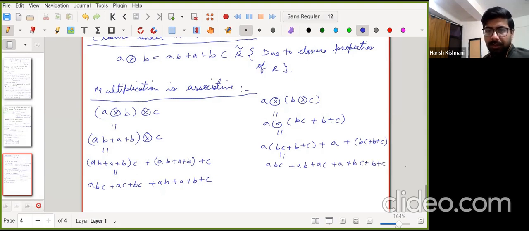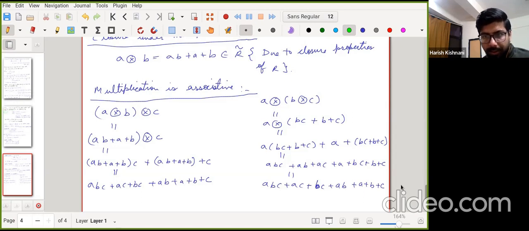And this is definitely commutative with respect to addition. So you can say that this is the same as ABC plus AC plus BC plus AB plus A plus B plus C, right? So both these things are the same.